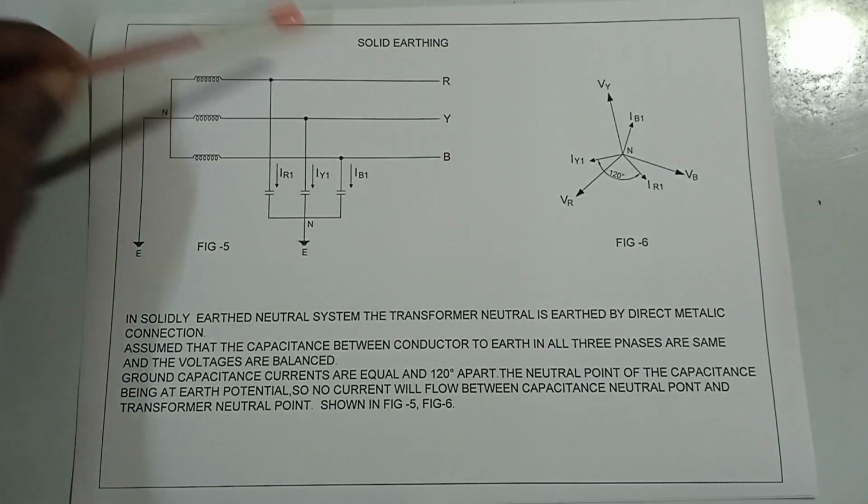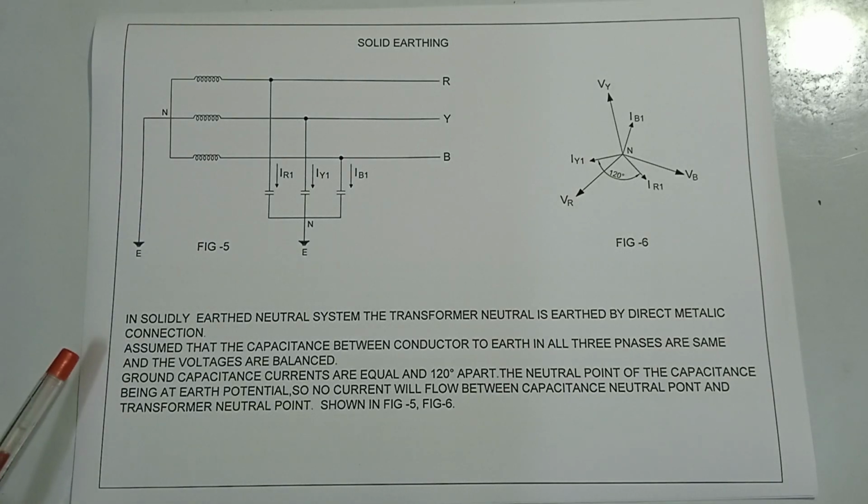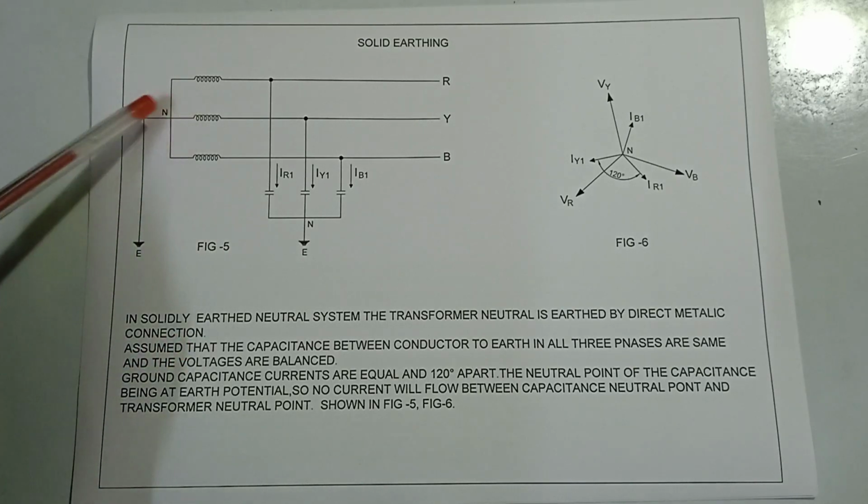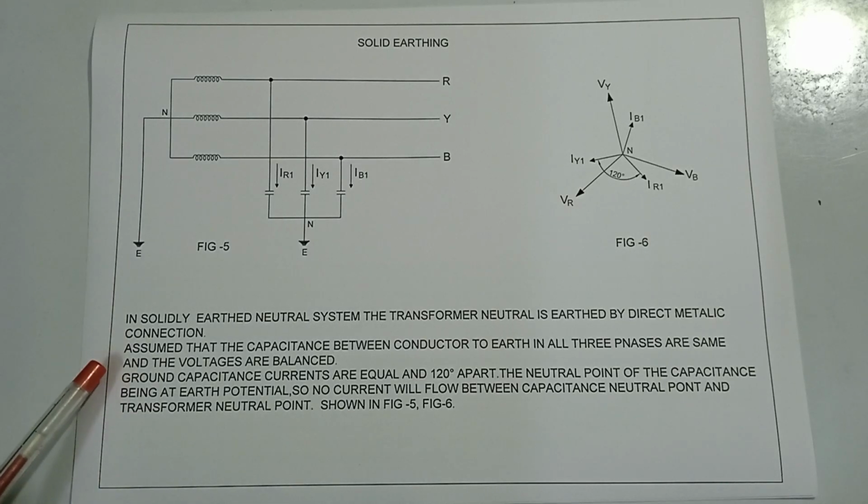Here is solid earthing. In a solidly earthed neutral system, the transformer neutral is earthed by direct metallic connection. Assume that the capacitance between conductor and earth in all phases are the same and the voltages are balanced.